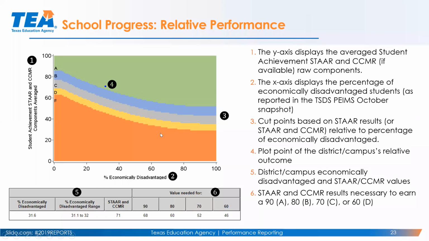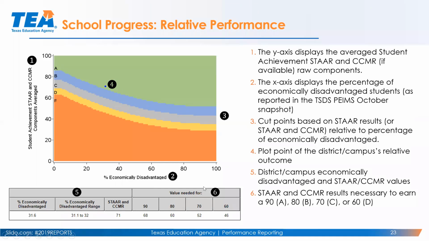Depending on where you plot within this graph, which is based on your reported economically disadvantaged percentages and how you perform on STAR and CCMR, you will then plot using the X and Y axes to either an A, B, C, D, or F grade level. This particular campus plotted 0.4 into the A band, so it was awarded an A.